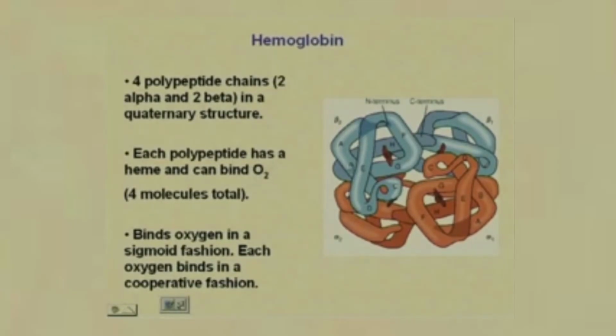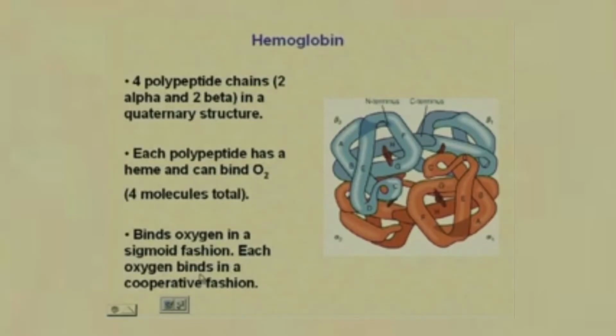Each polypeptide has a heme and it can bind oxygen, and we will see that the oxygen binding is in a sigmoid fashion. We'll see what that means. If you remember what we mentioned for myoglobin, it was in a hyperbolic fashion, and this is in a sigmoidal fashion, and each oxygen binds in a cooperative manner.